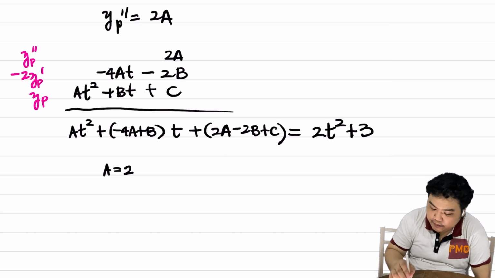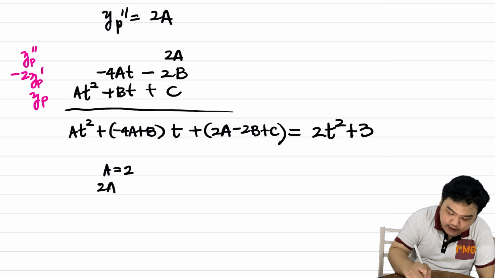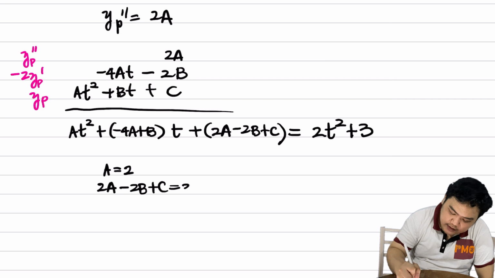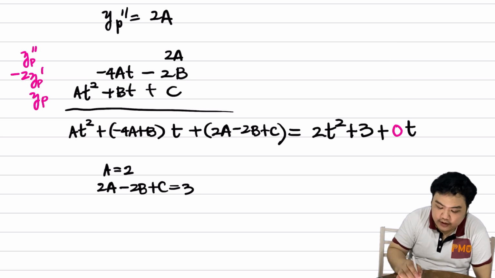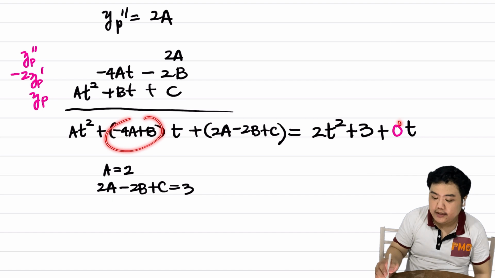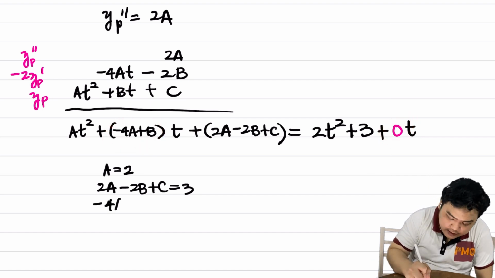Ang constant term dito sa kabila is 3. 2a minus 2b plus c is 3. Pero pwede kang magdagdag dito ng plus 0 times t, right? So yung coefficient ni t rito, which is this, must be 0. Ang lalabas na ay negative 4a plus b ay 0.